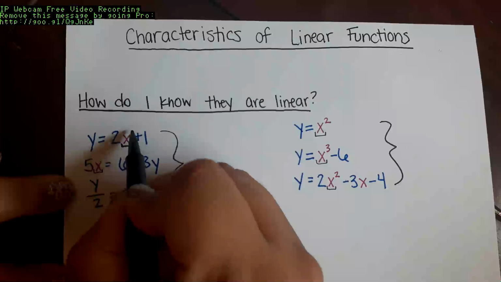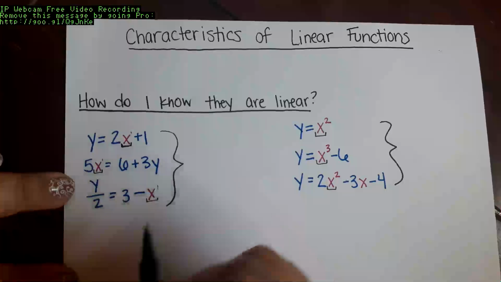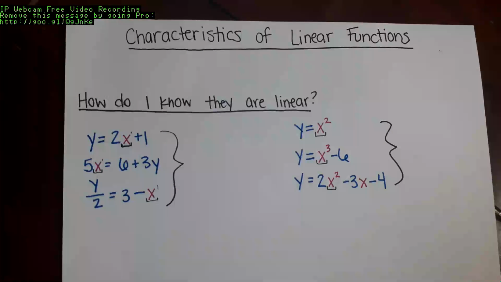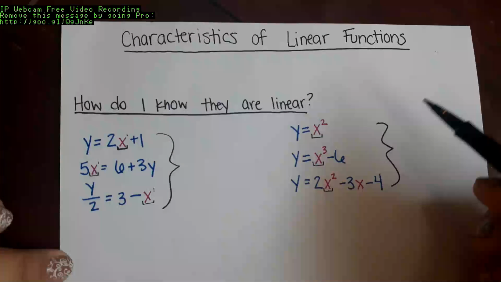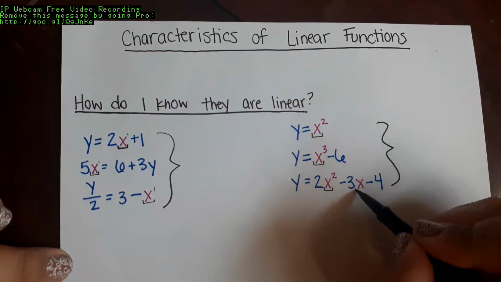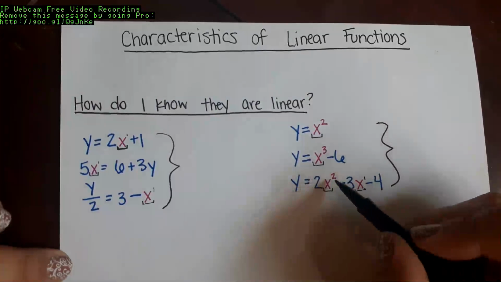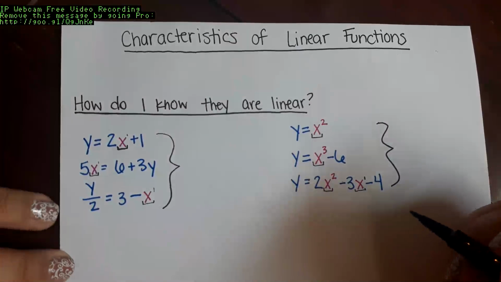As we can see over here, all of our x's are to the power of 1. As opposed to the other side, we have an x squared, an x cubed, another x squared here. We do have just one x here, but you still have this x squared.